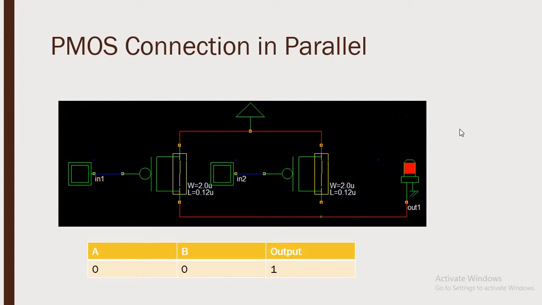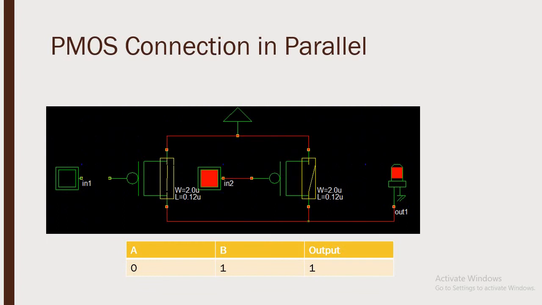Now we are going to discuss the case in which one input is 1 and the other input is 0. So here we have a case in which our input A is 0 but our input B is 1. Same, I am repeating, the PMOS is a low voltage device. Whenever we apply the low voltage, the drain and source of PMOS becomes short circuited.